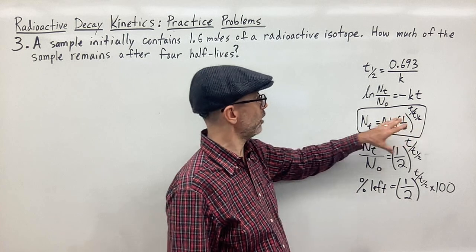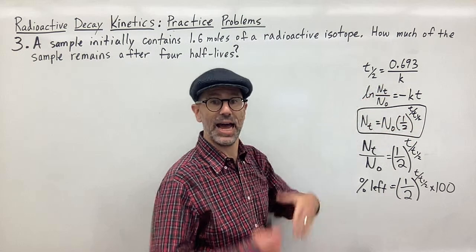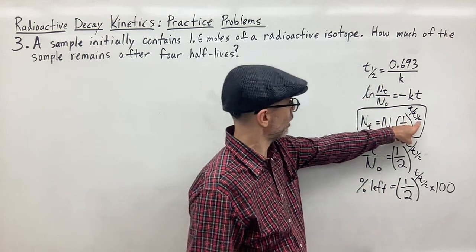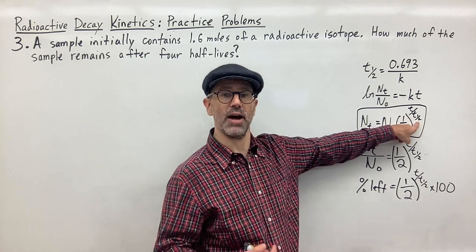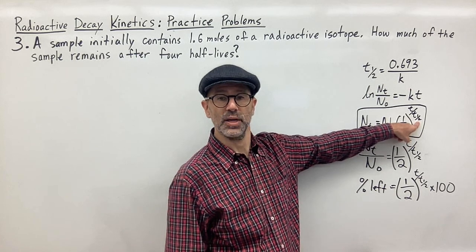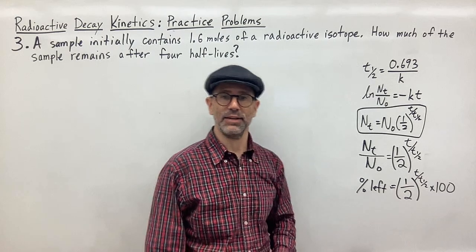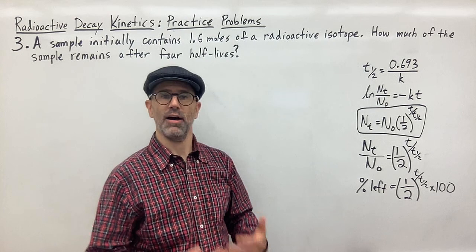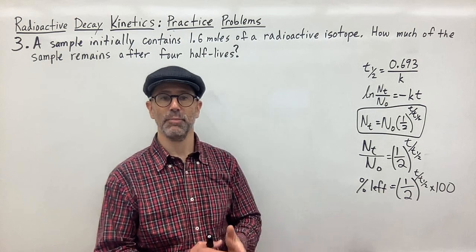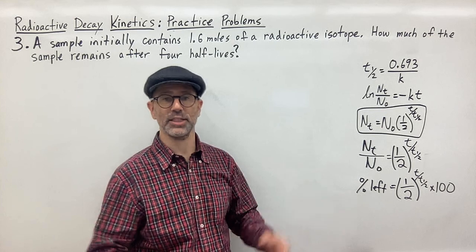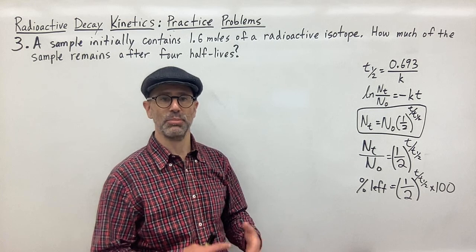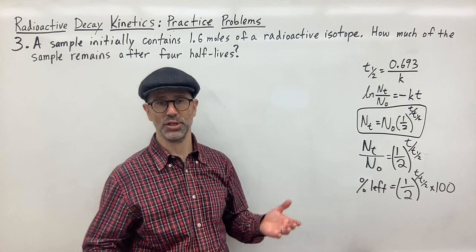So if we're given a certain amount of time that elapsed, and we're given the half-life of our radioisotope, we would divide the two, and that gives us the number of half-lives that have been completed over that amount of time. And that could be a whole number, or it could be a fractional amount.